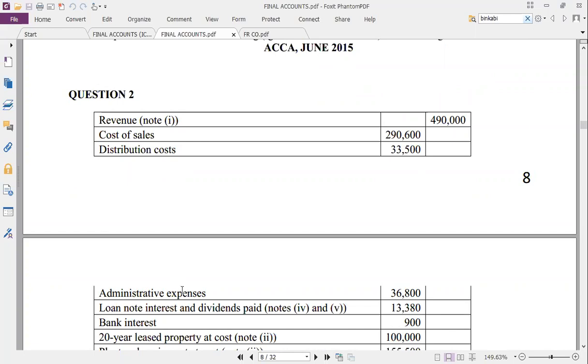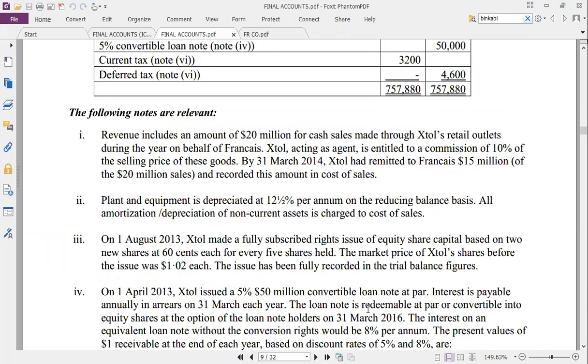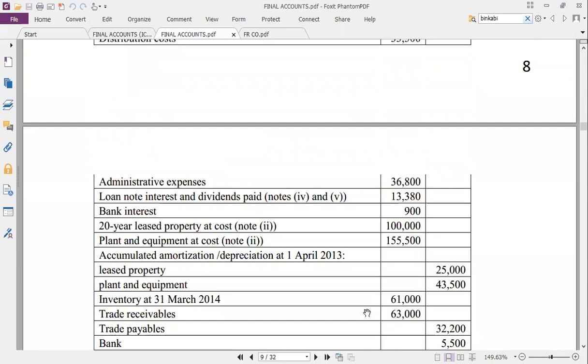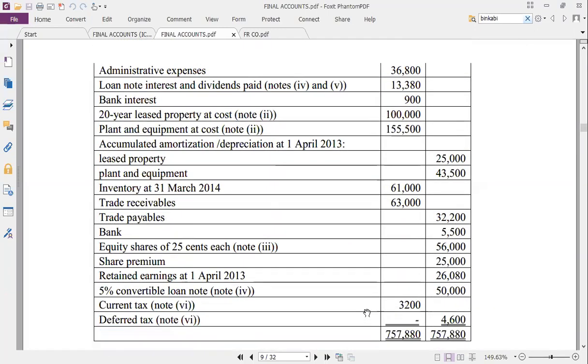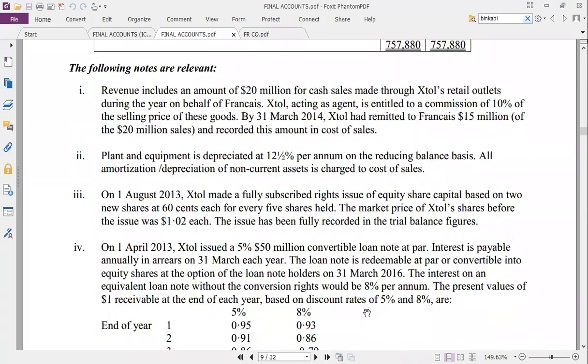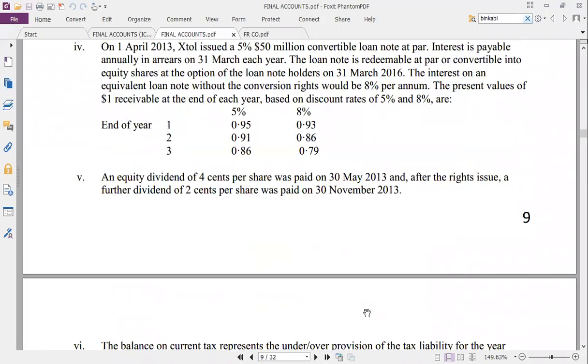Okay, so loan notes, interest, and dividend paid. So note 4 and note 5. So you paid. That's very good. So now we are done with this particular note.